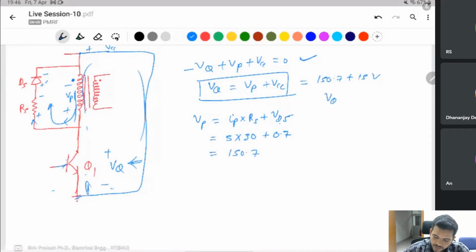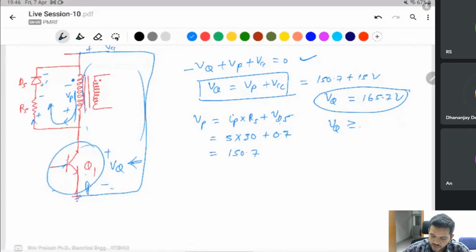Then VQ is 165.7 volt. It means the reverse blocking voltage of this switch Q1 should be greater than or equal to 165.7 volt. This one is the minimum value. You should provide a value greater than this one.